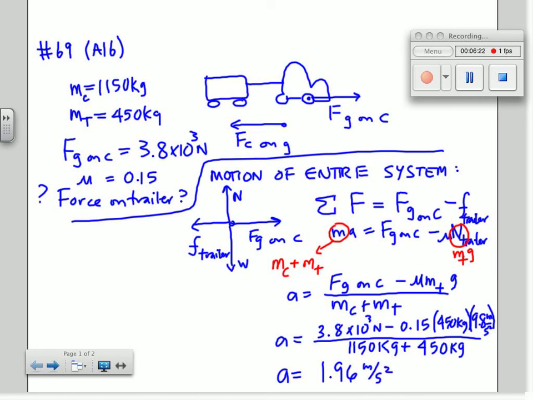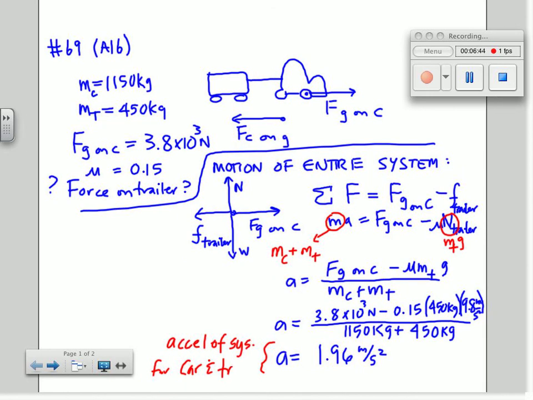So the point for doing this is we know that this is going to be the acceleration of the system, so for both the car and the trailer. So when I try to find the force on the trailer, I know the acceleration it has, 1.96 meters per second squared, and I happen to know the mass of the trailer is 450 kilograms. So the force required to accelerate can be determined from those numbers.